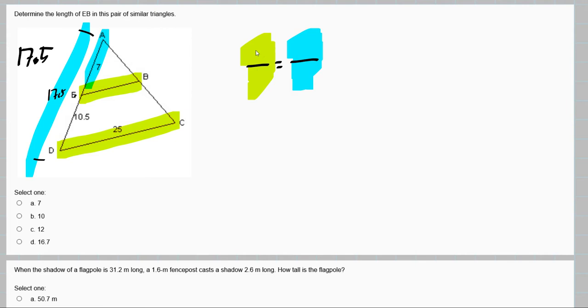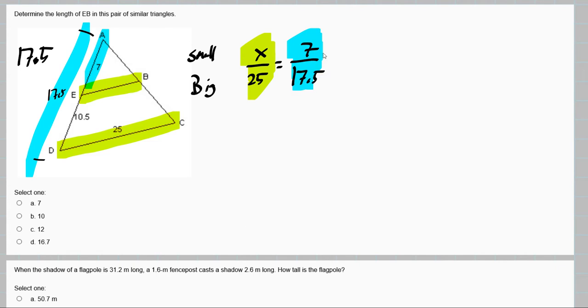So for the small triangle, we've got EB, which we don't know. We don't know how far from here to here. That's the whole point. And we've got DC, which is 25. That's on the big triangle. On the small triangle, the blue line is 7, and on the big one, it's 17.5.